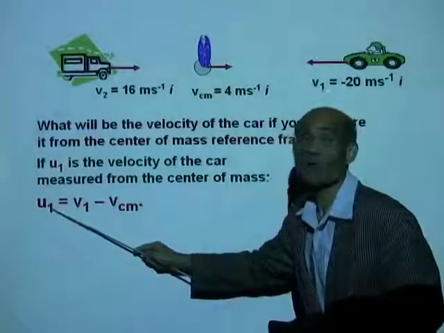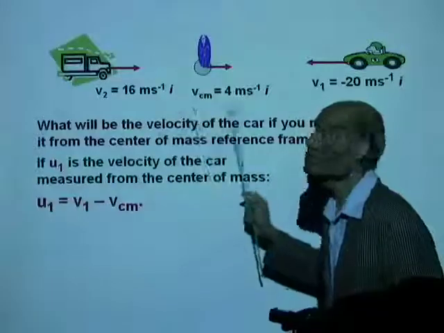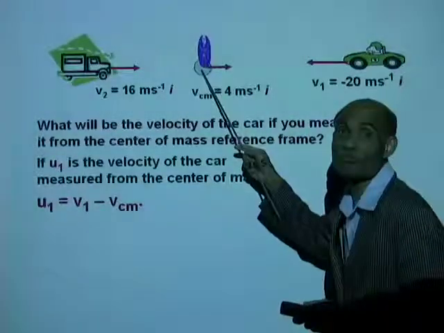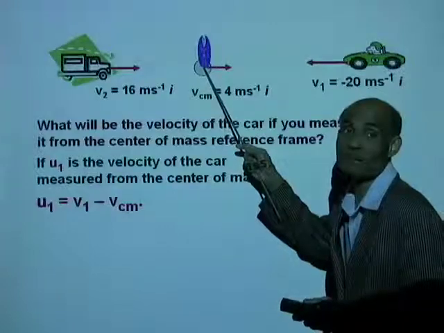So what does u1 stand for? u1 is the velocity of the car measured from the center of mass reference frame.